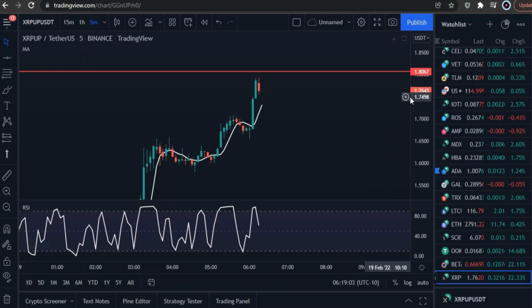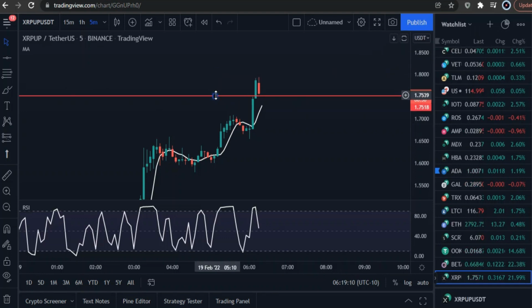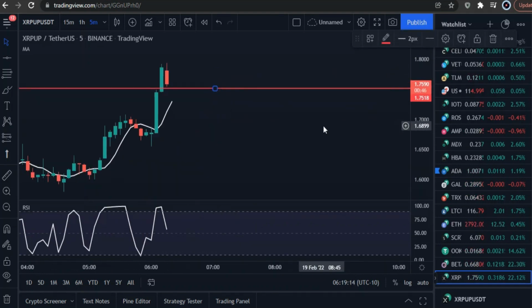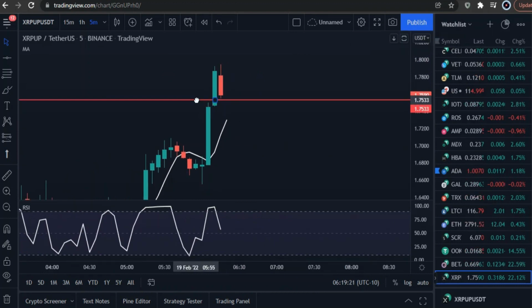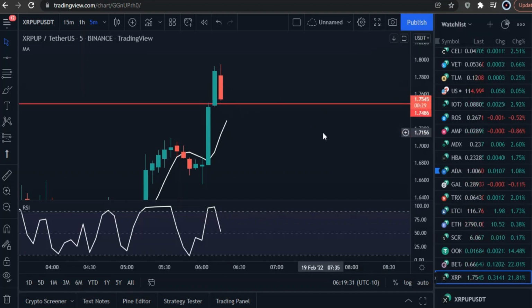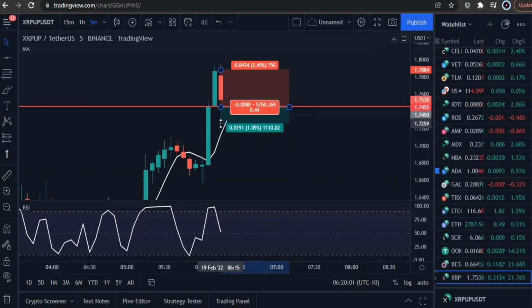The candle time has reached the last minute, let's draw the horizontal line and wait for the last 10 seconds. When it moves, we follow it for the last 10 seconds. We're in 10 seconds, let's place orders.